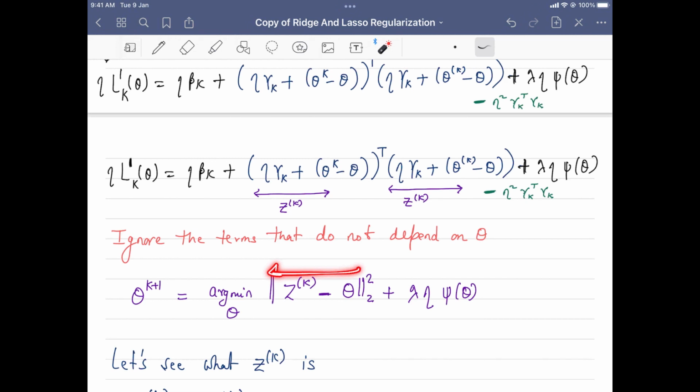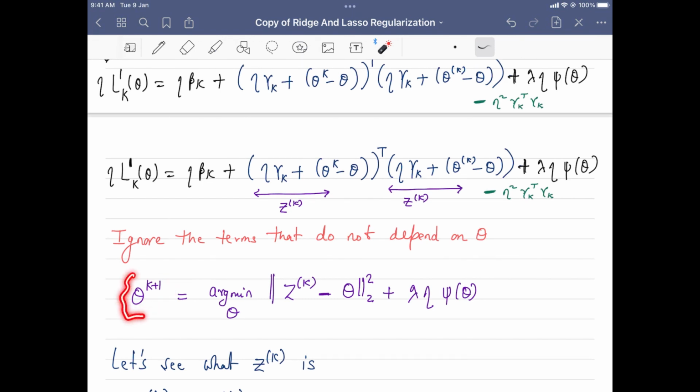So this represents this whole expression. And then we have this thing over here. So both of them are here. So now we are minimizing the L prime function, which is the proximal function. If we are trying to minimize on that, that means you are finding the theta corresponding to it.